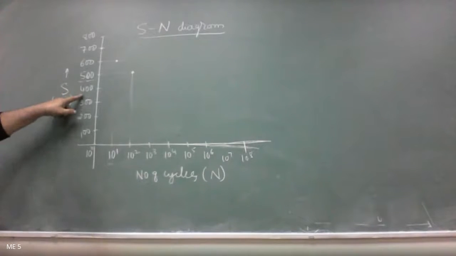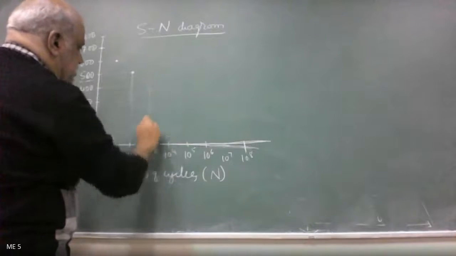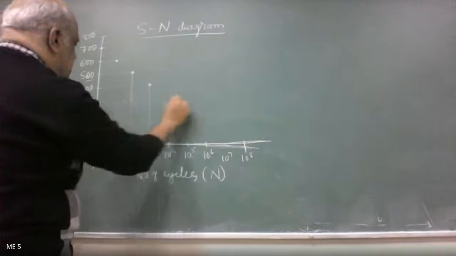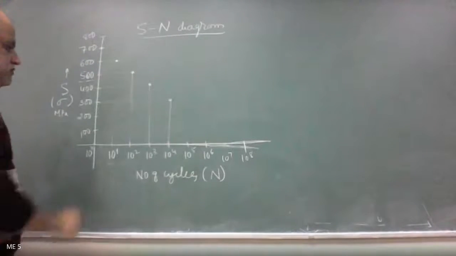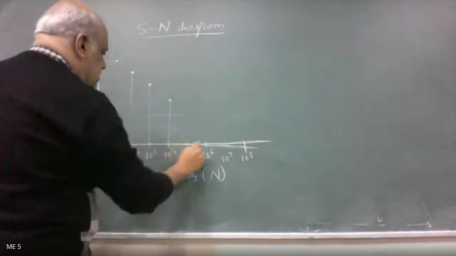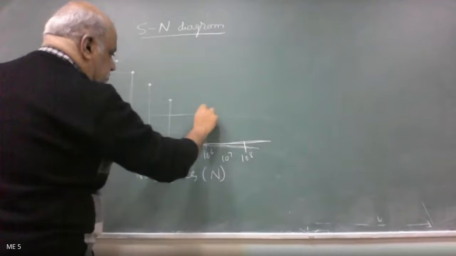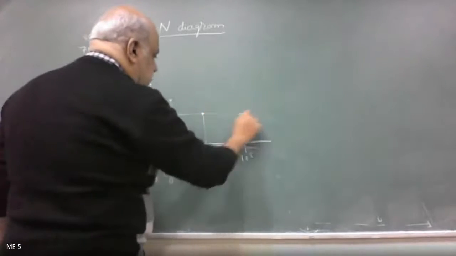Similarly, I subject it to 400 and maybe it can withstand 1000 cycles, then 10 power 4 cycles at 300 megapascal. At 200 megapascal it may withstand 10 power 6 cycles, and after that it does not fail at all.